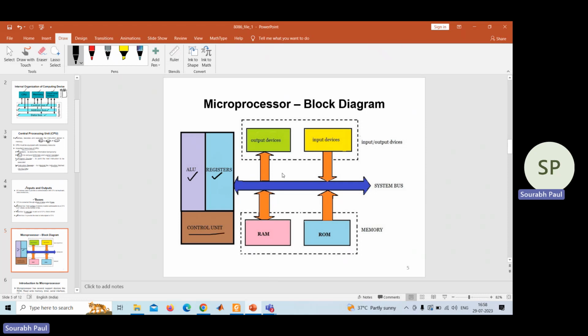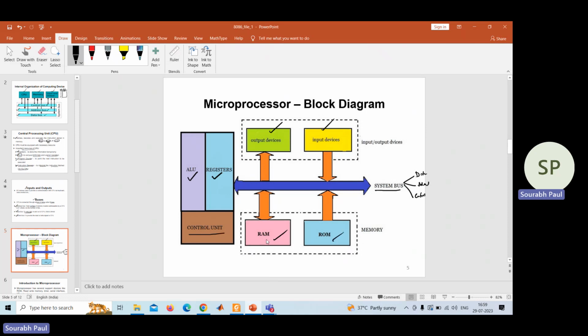Some buses will be there where the input output device or some memory unit will be connected. This bus is combinedly known as system bus. And I already told, under this, three buses are coming: data bus, address bus, and control bus. So these are the three buses commonly known as system bus. Through these buses, input output devices are connected, and RAM, ROM, some memory units will be connected.